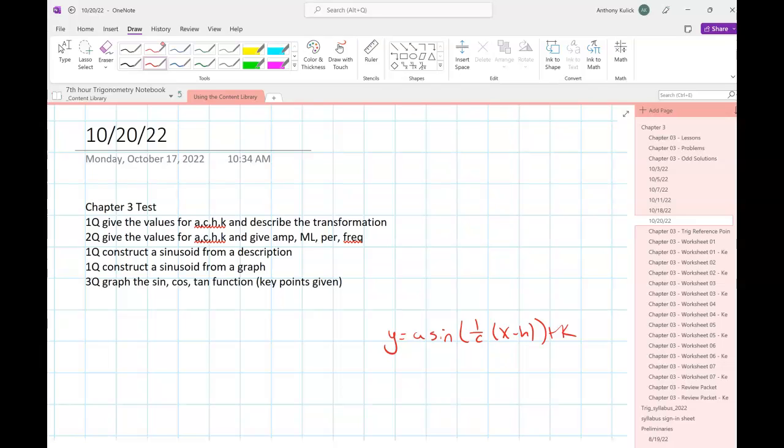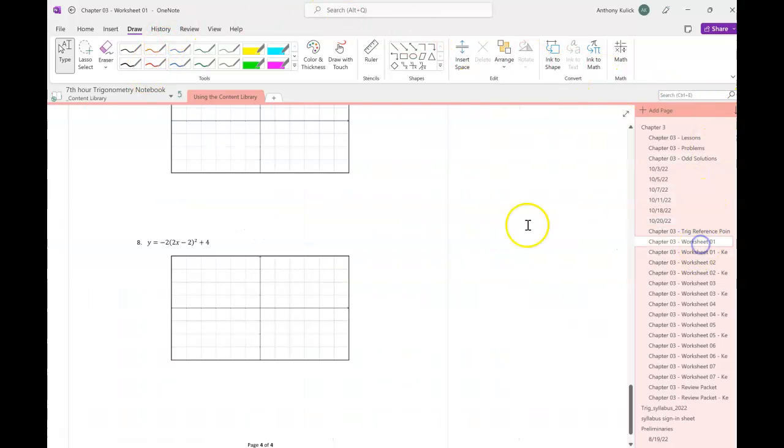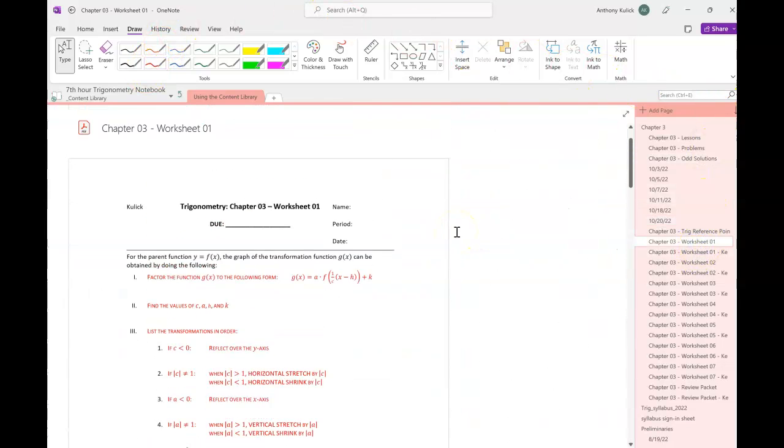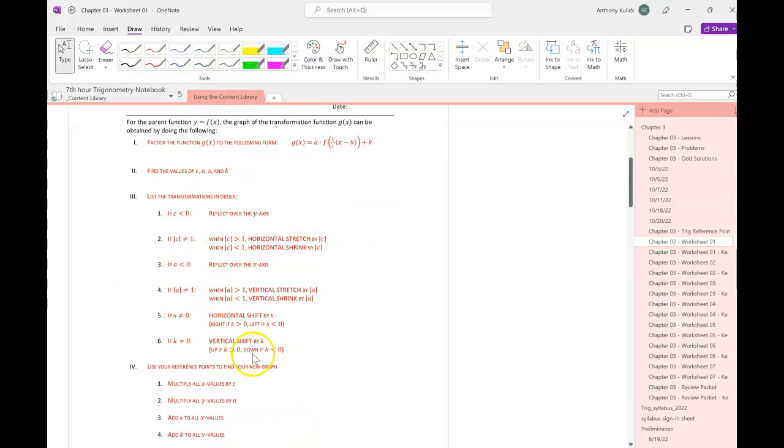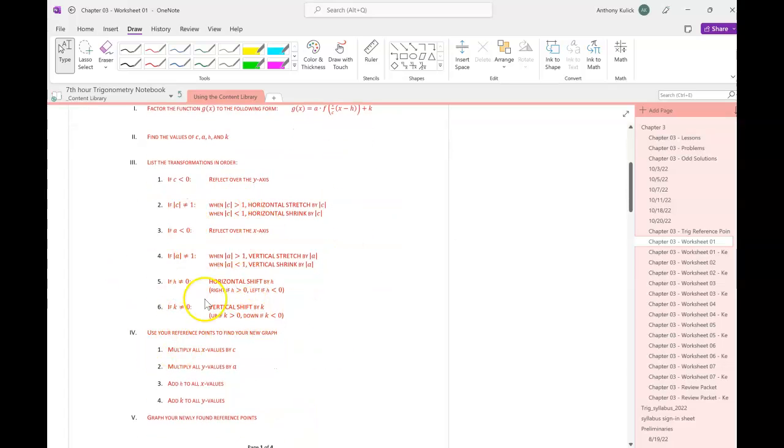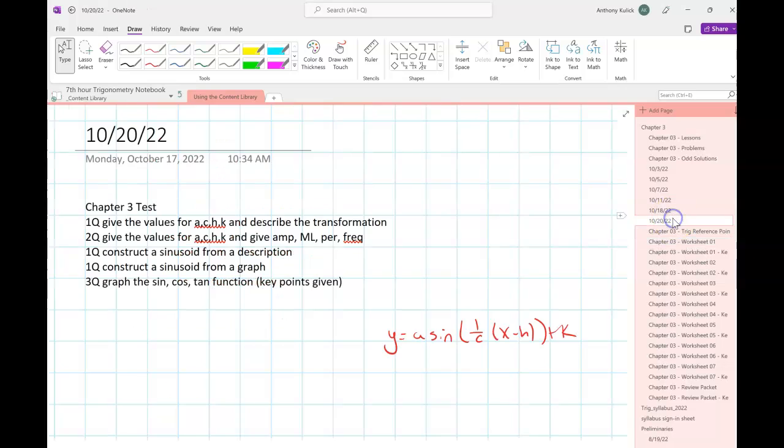You need to have that list of transformations, right? Like I think that stuff was all at the start of worksheet 1 also, right? You'd want all that stuff on there, unless you have it memorized. Good one, Mr. Kulik. So I'd want that on there.